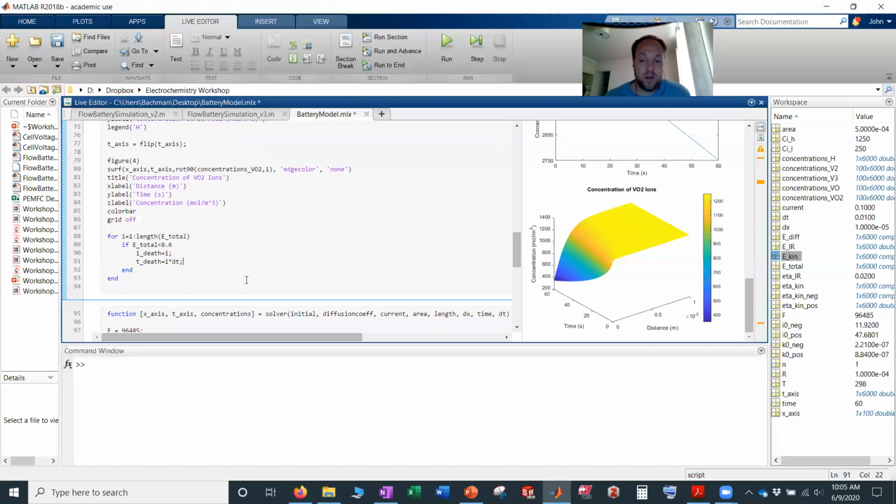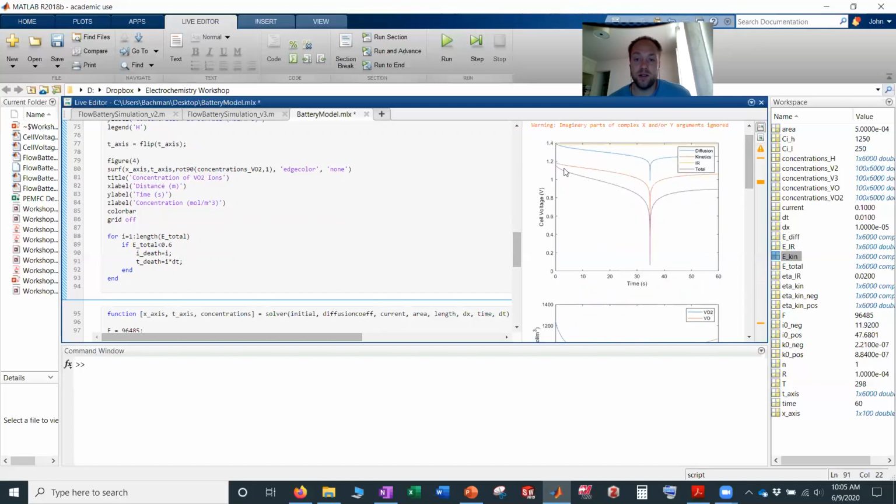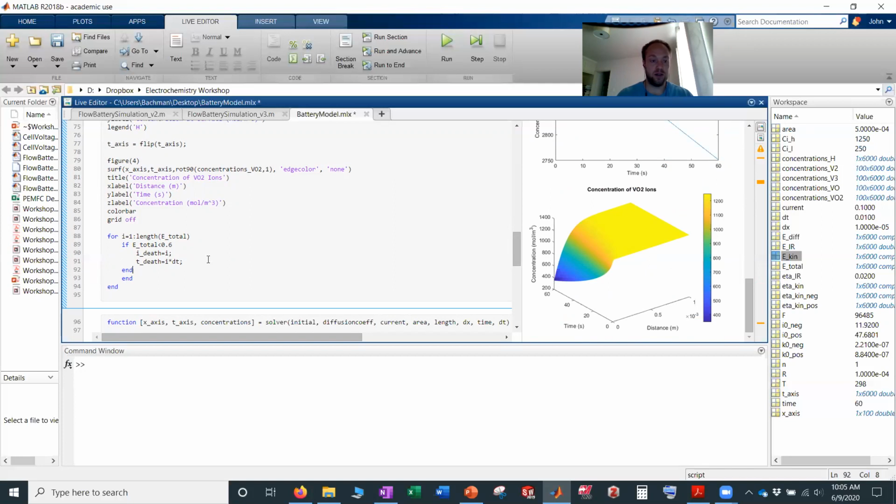The other thing we can do is, if we want to get the total energy, for each time step we need to get how much energy came out, right? And then we're going to say end, or what's the command to jump out?